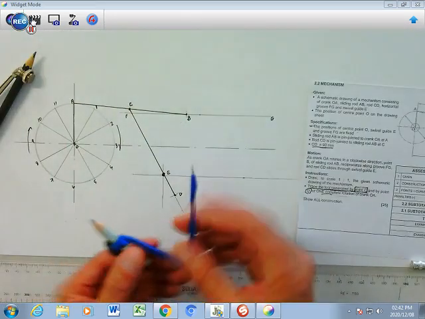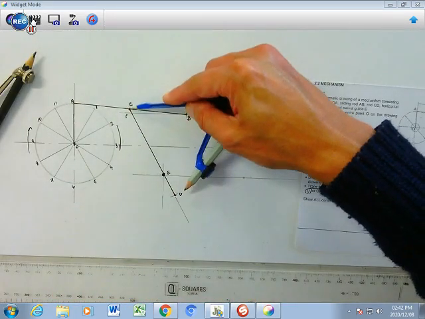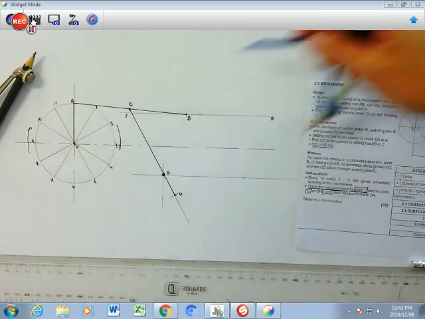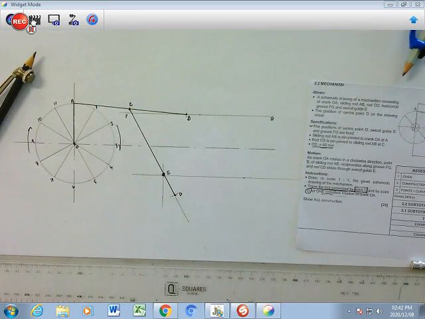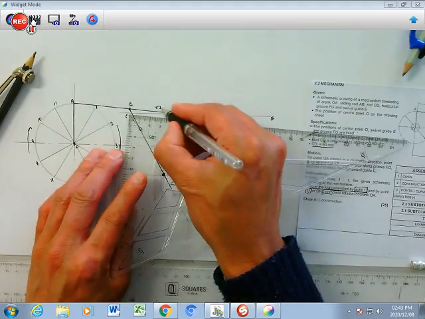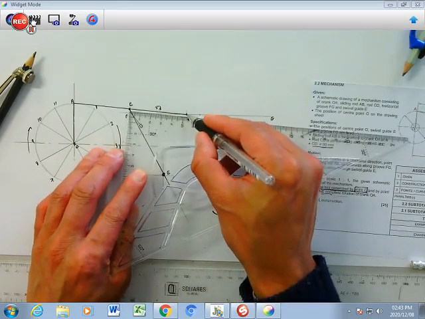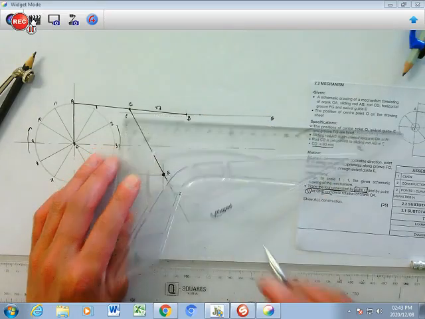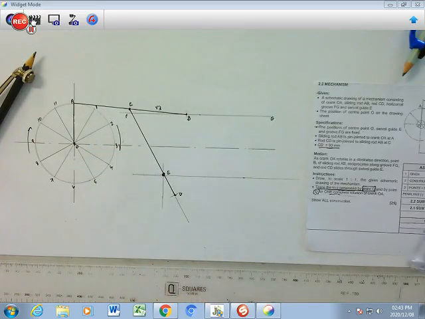And I'm going to use another compass for CD, which is 90, and for the measurement of 53 here, I'm going to have CB being 53 with my ruler. Okay, so that's how I'm going to go about tracing those points.